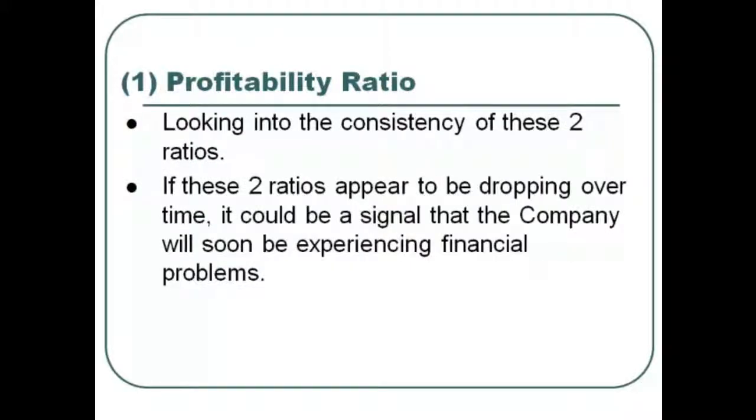So it's looking into the consistency of these ratios, just like I mentioned. If these two ratios appear to be dropping over time, it could be a signal that the company will soon experience financial problems. Say your net profit ratio keeps dropping. It means you're making less and less each year. Let's say your net profit is 10% last year, and this year it becomes 5%.